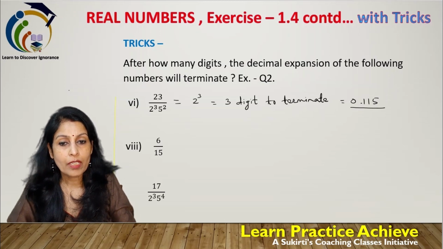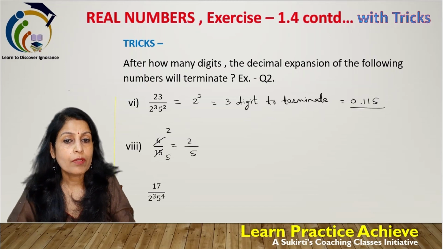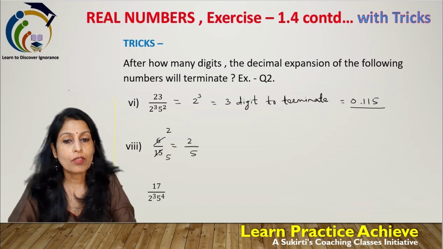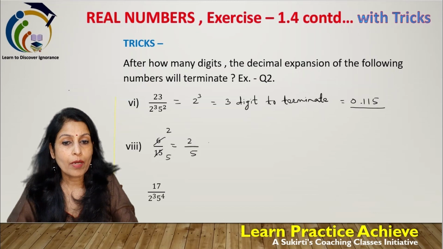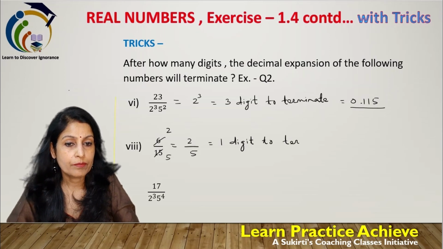In the same way, if we solve this question, first cancel 3 2s and 3 5s. So it is coming 2 upon 5. Only 5 is given, 2 is not given. So what is the power of 5? Power of 5 is 1. So after one digit, it will terminate.